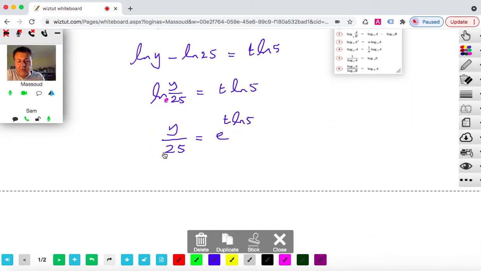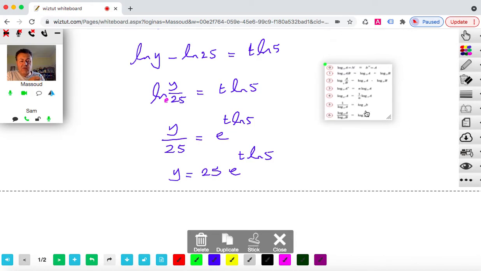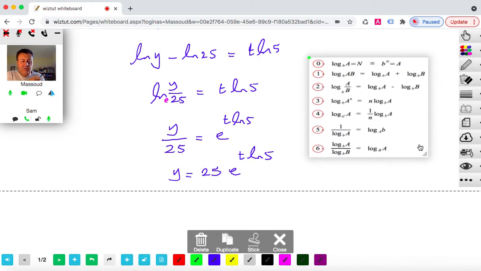So we're very close to finding y in terms of t, and all I have to do is move this 25 to the other side, so it will be multiplied by the other side. So y would be equal to 25 times e to the power of t log natural of 5. Okay, so that was another good review of these rules.